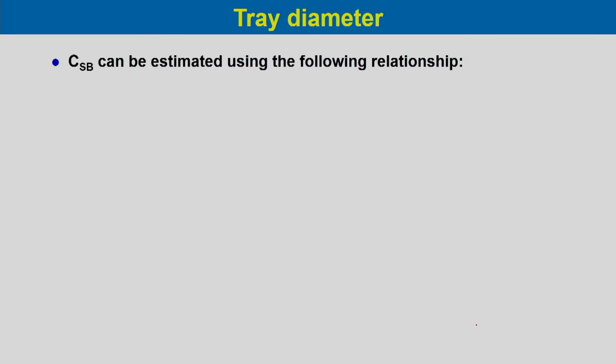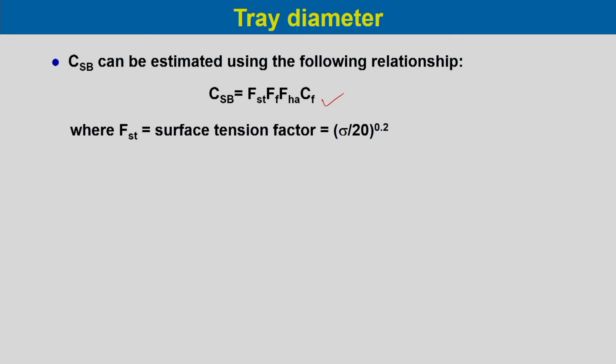C_SB can be estimated using the following relationship: C_SB equal to F_ST times F_F times F_HA times C_F, where F_ST is the surface tension factor, which is defined by (sigma/20) to the power 0.2.